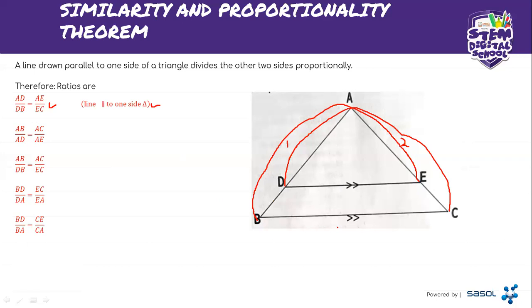Because it is proven that if two sides are parallel, then the triangle divides the other two sides proportionally. Proportionally meaning those ratios are equal. So the ratio of this side is equal to the ratio of the other side. So it's very important.